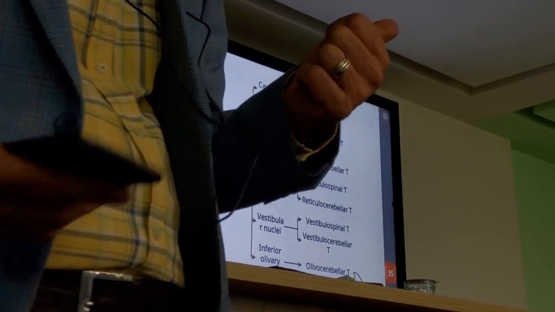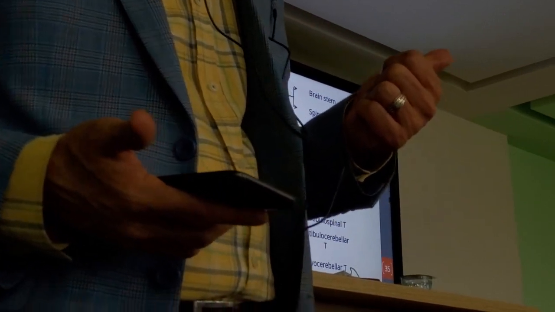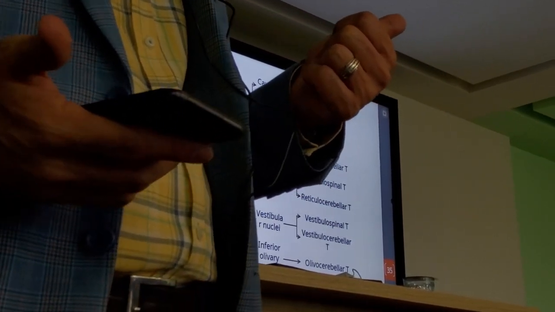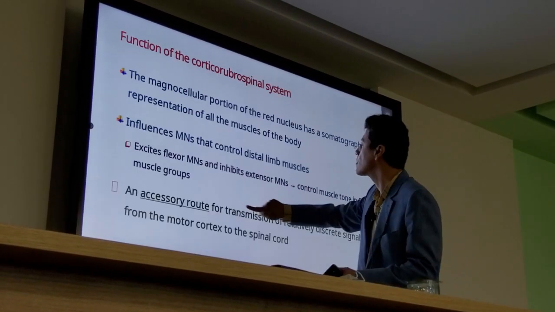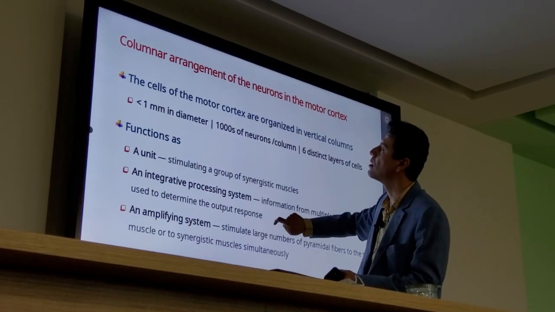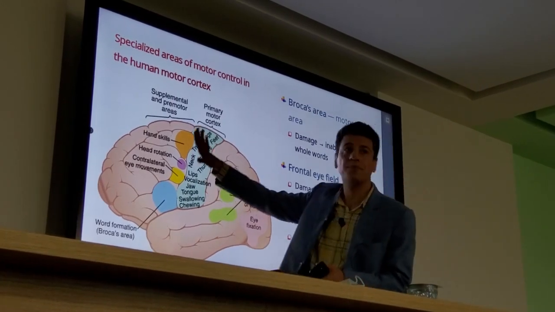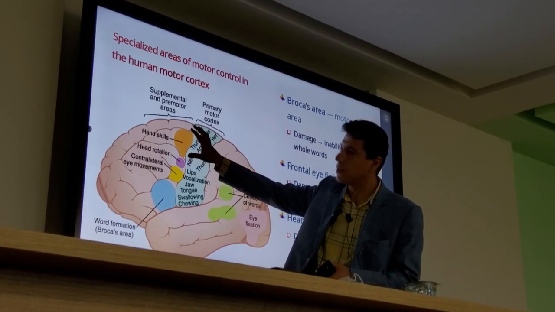In the premotor cortex, we have a hand skill area, right?